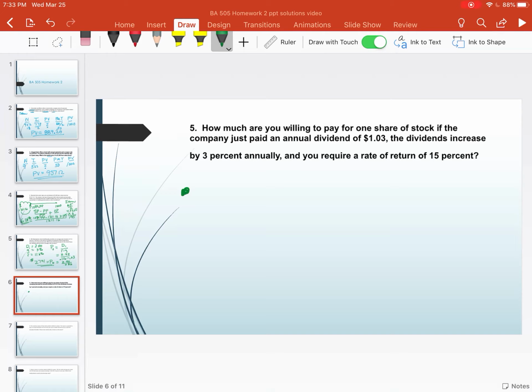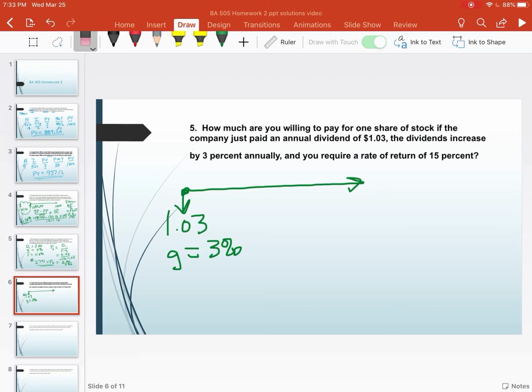They just paid $1.03, okay, as their dividend. And in this case, the dividends increase at the rate of G is equal to 3% again, okay? Dividends increase by 3% annually, and you require a rate of return of 15%. So R is equal to 15%.